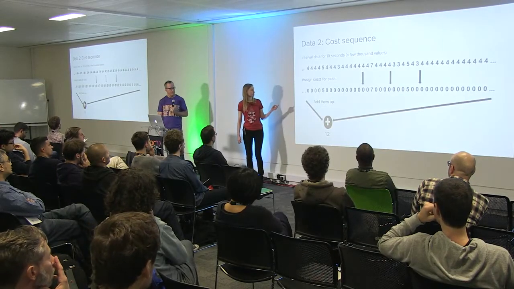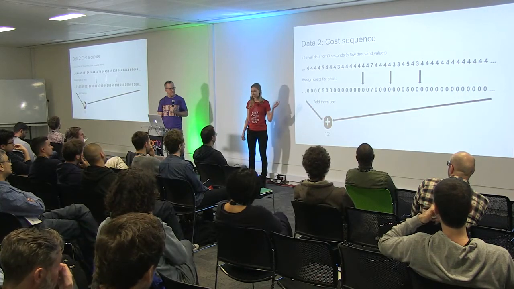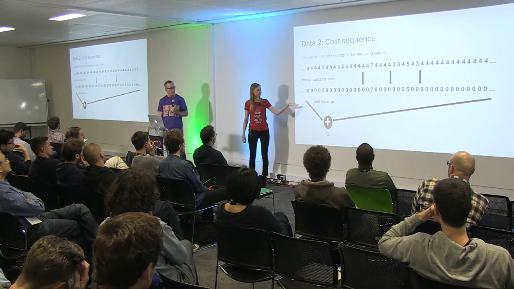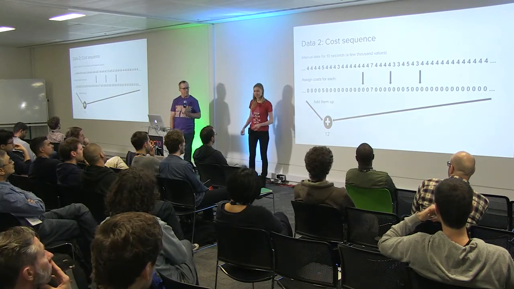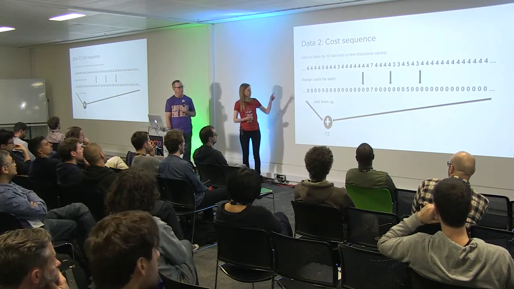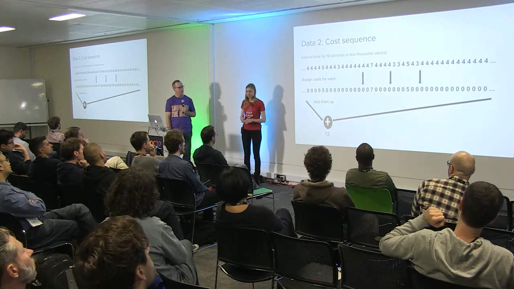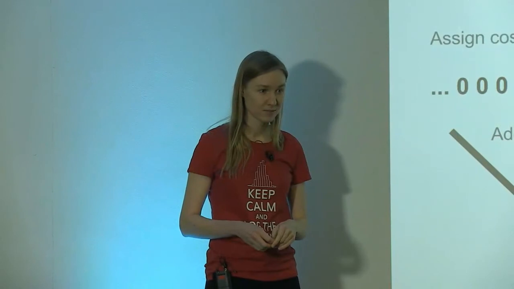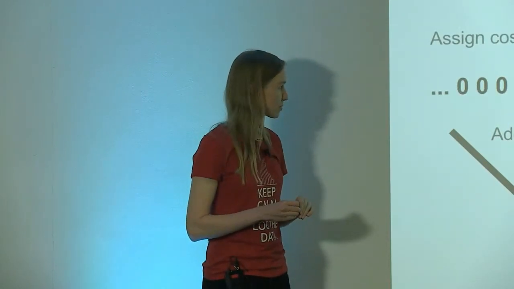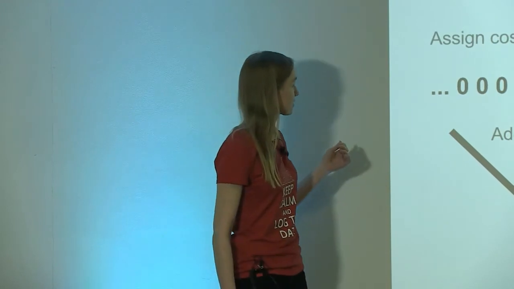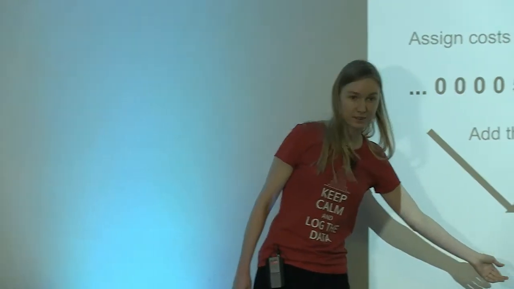In this case, we decide that 4 milliseconds is a good value, so we assign 0 cost. 5 is less good, so we assign it a higher cost. 7 is even worse, etc. So once we've done this mapping, then we can take, say, 10 seconds worth of audio performance, or any time interval we want, and we sum up the cost over all those samples. So then we summarize 10 seconds of data with a single value.